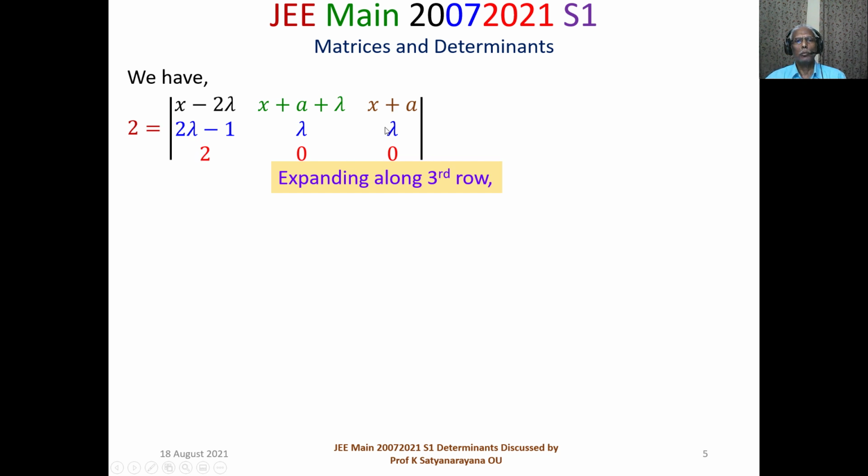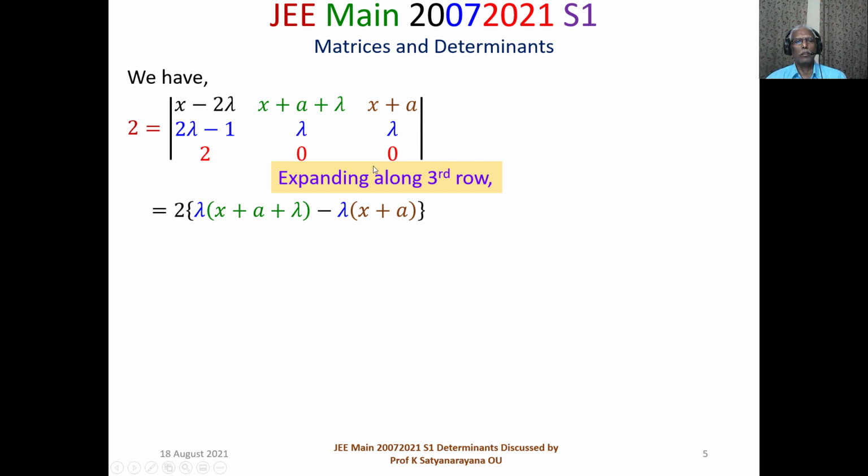You have this 2 by 2 matrix, and the determinant of that is lambda times x plus a plus lambda minus lambda times x plus a. So that will be equal to 2 times, in brackets, lambda times x plus a plus lambda minus lambda times x plus a.